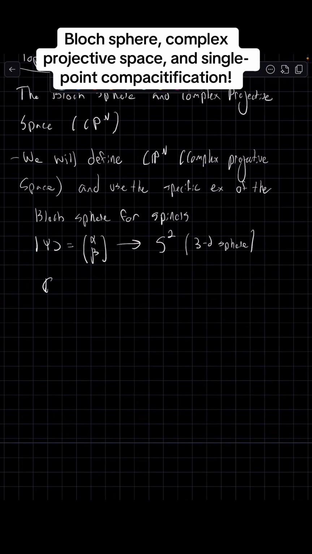And it does that by going from C2 to CP1 to S2.